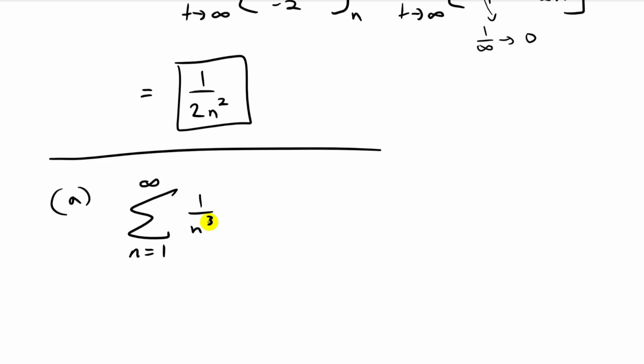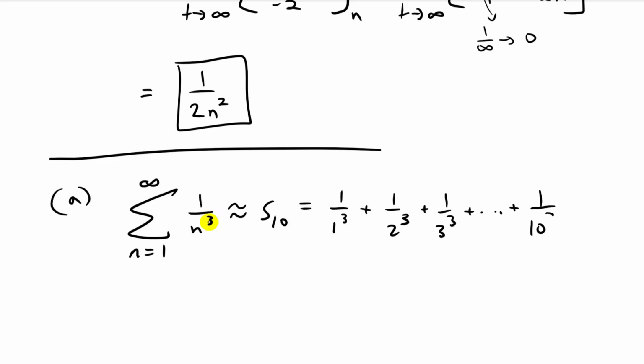My calculus book has it like that. That's approximately equal to s10, the 10th partial sum, and this equals 1 over 1 cubed plus 1 over 2 cubed plus 1 over 3 cubed plus and so on, all the way until we get 1 over 10 cubed.